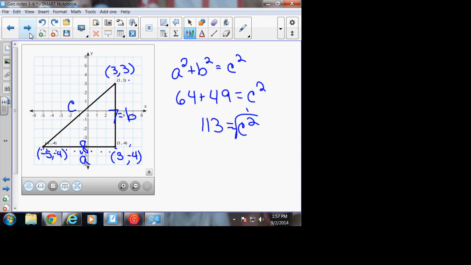Square root both sides. Those cancel. I'm left with c equals the square root of 113. Add them up. You get 15 plus the square root of 113. Whatever it is, units.